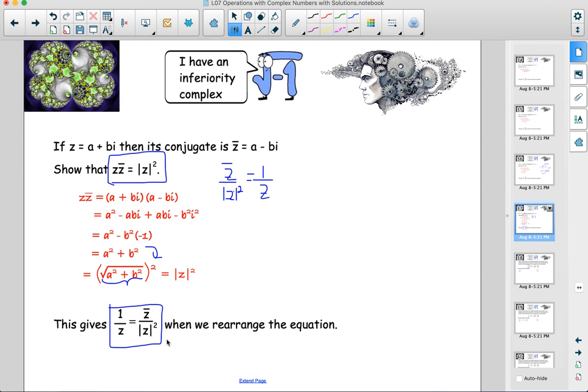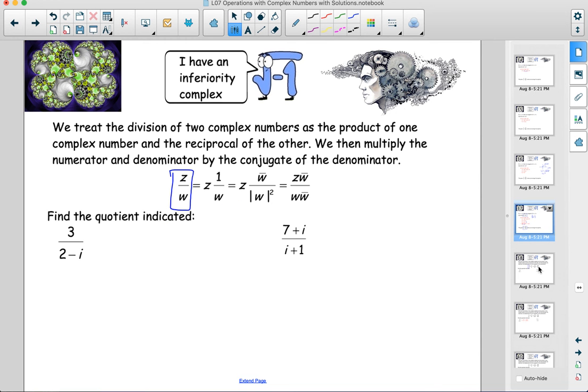But we've just proven this little formula over here that we could replace 1 over w with the conjugate of w over the magnitude of w squared. So let's come back over here and see that's just what we did. We replaced 1 over w with the conjugate of w over the magnitude of w squared.